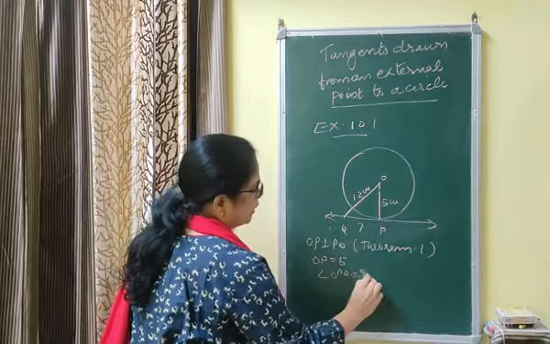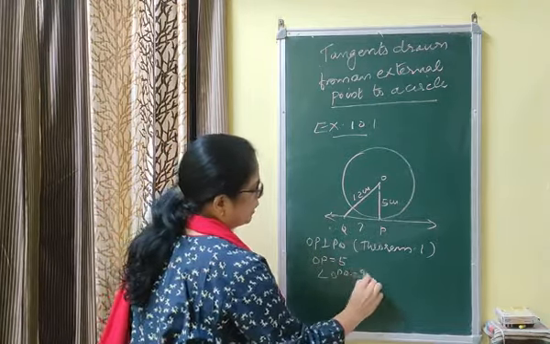Now, in right triangle POQ, by Pythagoras theorem, PQ square is equal to OQ square minus OP square. That implies OQ square is 12 centimeter whole square minus 5 centimeter whole square. Now, let me rub it.